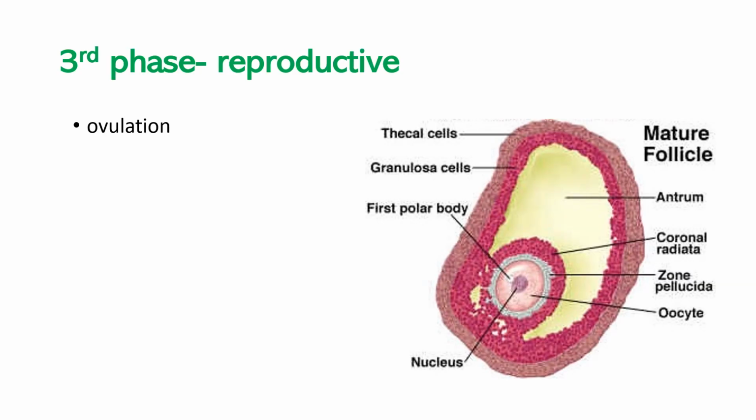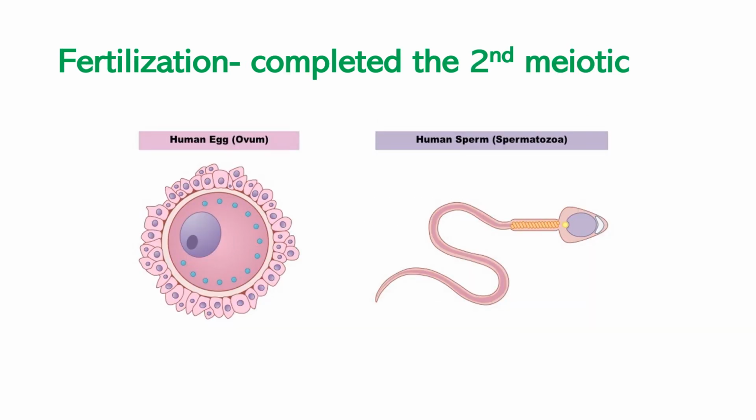Next, this enters into the third phase, the reproductive phase. Here the mature Graafian follicle is shed from the ovary, which is called ovulation. If fertilization occurs, that is, union of male and female gametes, it completes the second meiotic division and a mature ovum is formed.